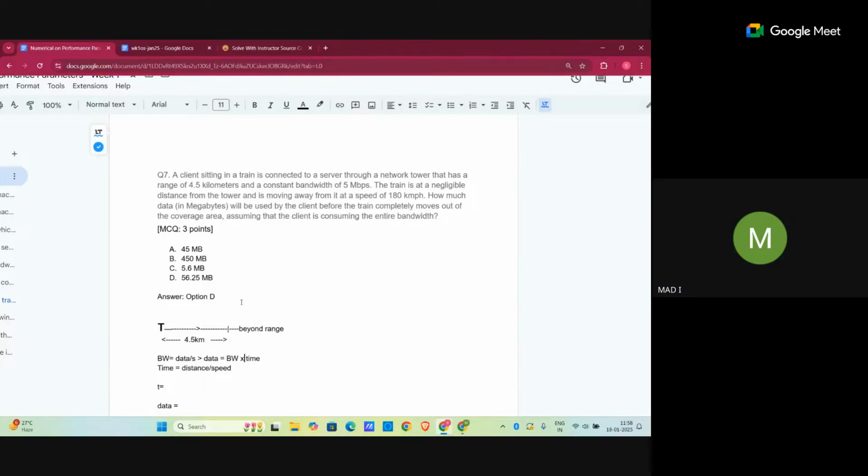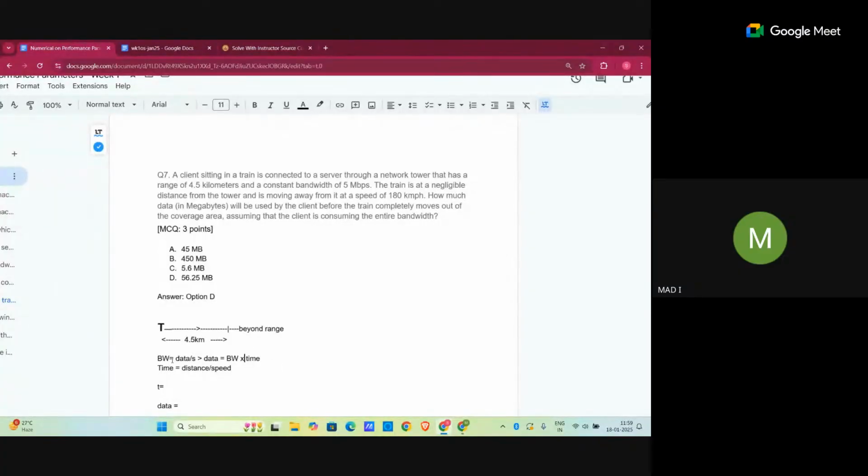If it goes beyond this 4.5 kilometers, there will not be any range, no network, so there will not be any data consumption. So the data will be consumed only in this range. That's why we will calculate how much time the client was in this range. Okay, so how can we calculate that?